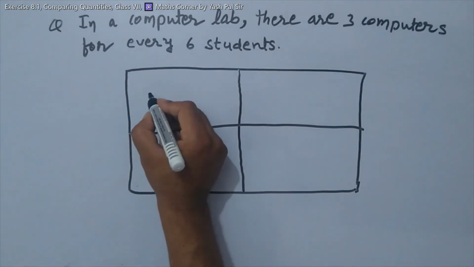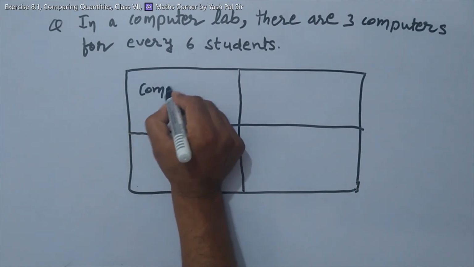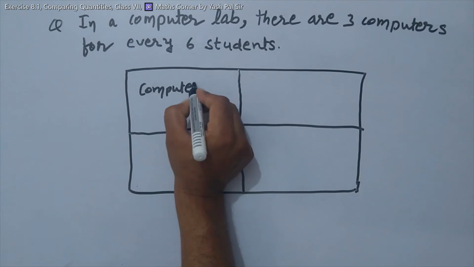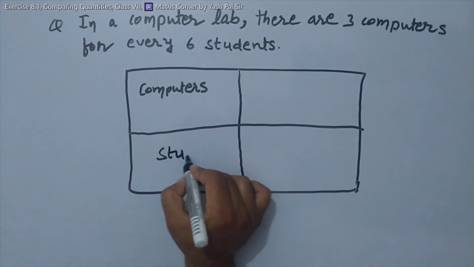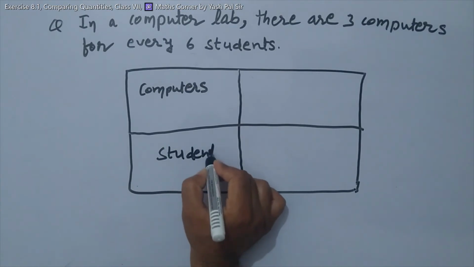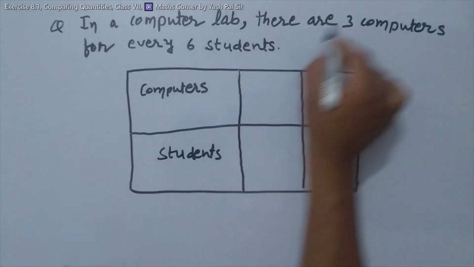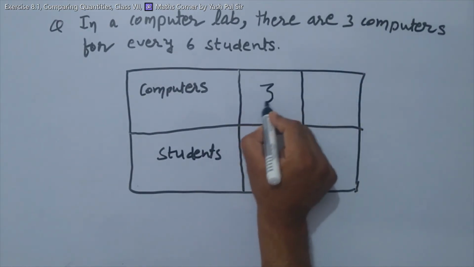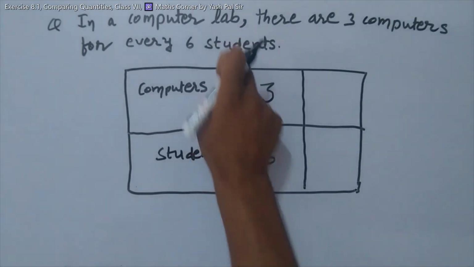Here we write computers, and here students. If we have 3 computers, then we have 6 students.